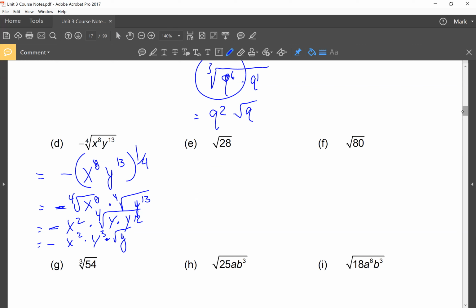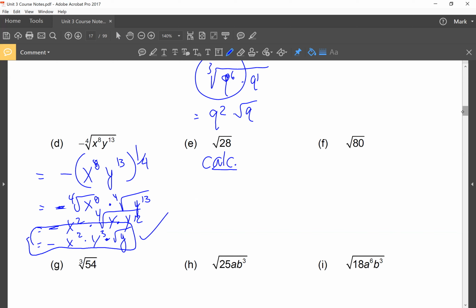All right. And then the last one. Yes. Sorry? The last thing. No. Cubed, fourth root y.